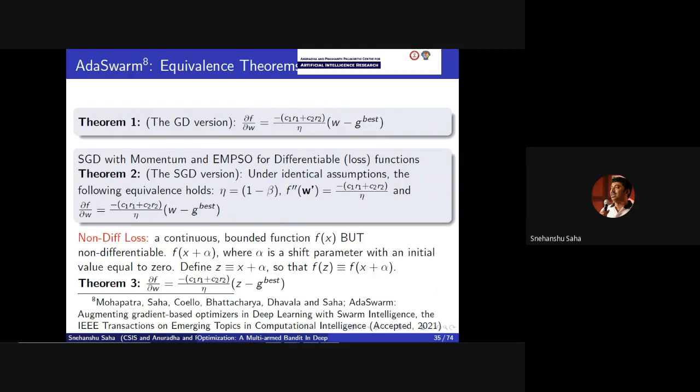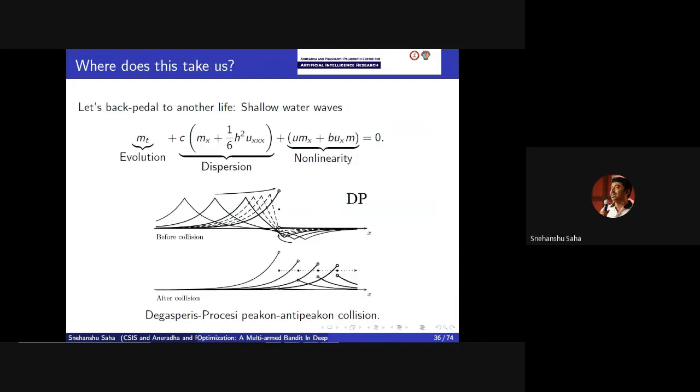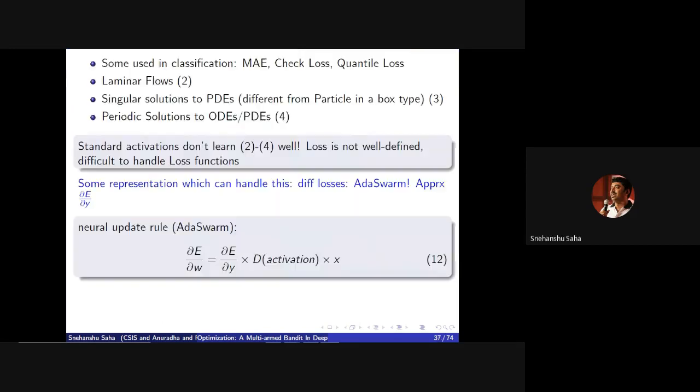There is another theorem anyway. This is typically a case of another extremely hard differential equation to solve, where you do not have a sense of these standard loss functions, so you need to approximate the gradient. The idea is this: the neural update rule via ADA swarm is delta E delta Y, which is exactly what we approximated by using the parameters of the swarm times the derivative of the activation function and the data.